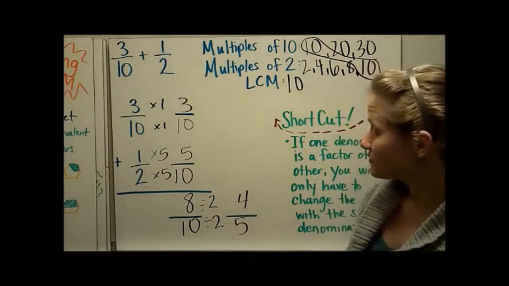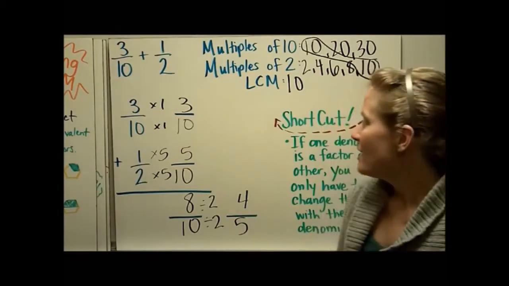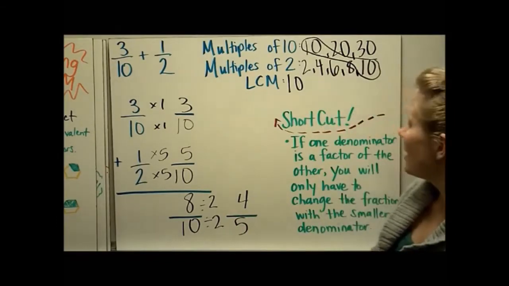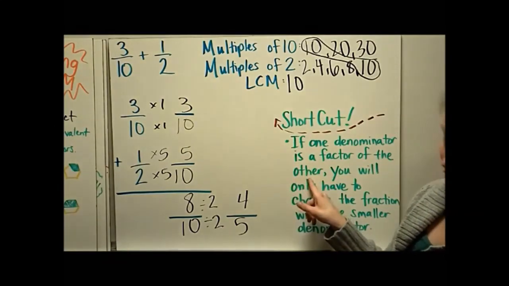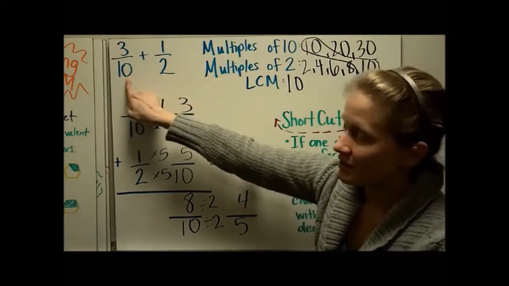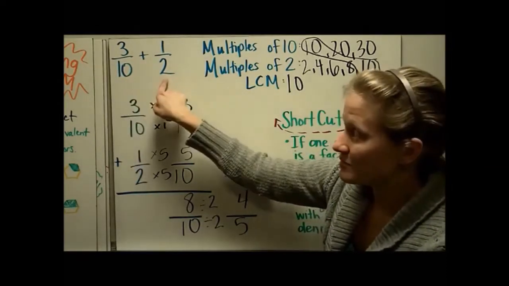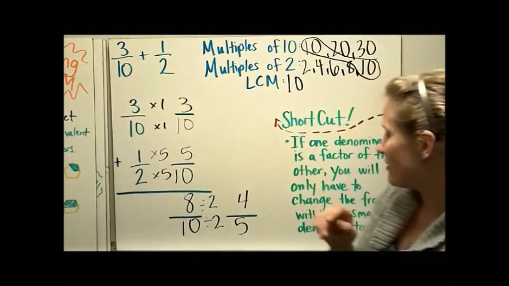Now, I want you to realize that there's a shortcut, a free shortcut, that you can use if you want to. If one denominator is a factor of the other, so let's stop and see what that means. 2 is a factor of 10 because 2 times 5 is 10. So I have one denominator that is a factor of the other.